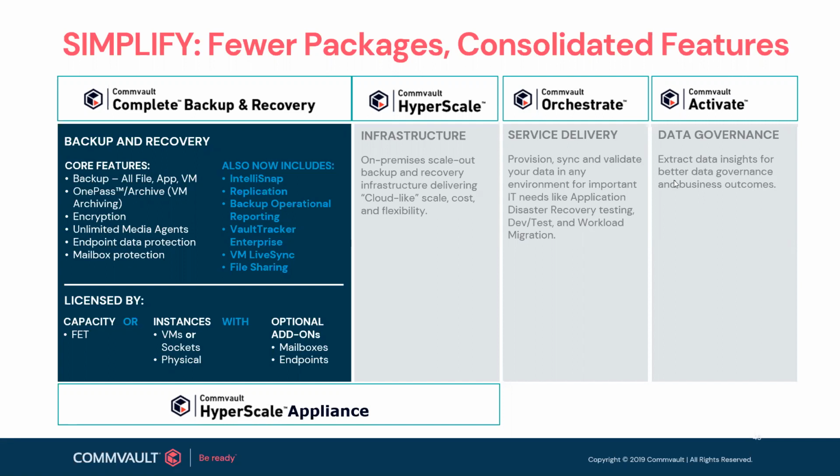If you heard of GDPR, you need to check the number and index of all your databases, your file servers and all that. This is what we call activate. Now the use case of orchestrate and activate in Southeast Asia, I will say not a lot yet, right? We will focus more on backup and recovery portion.